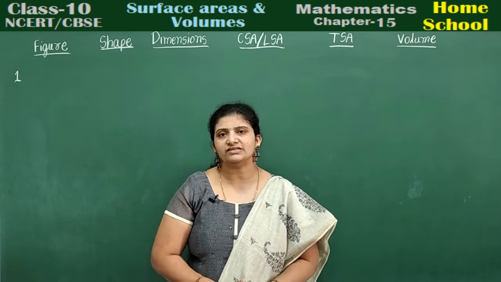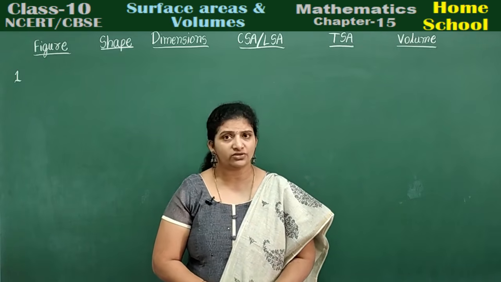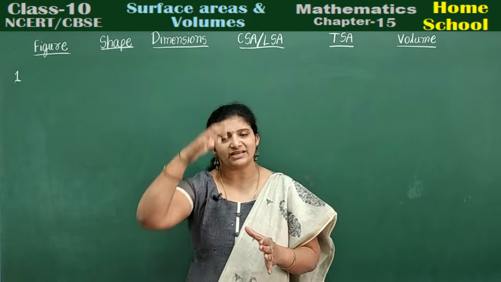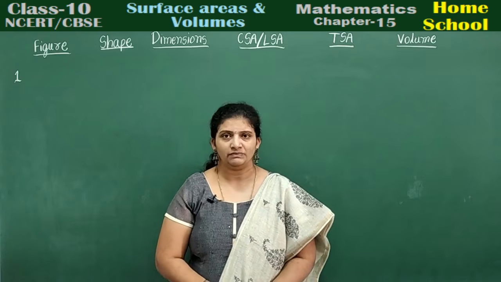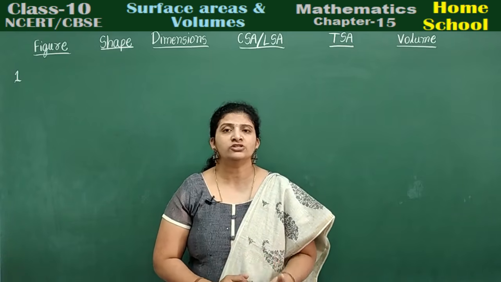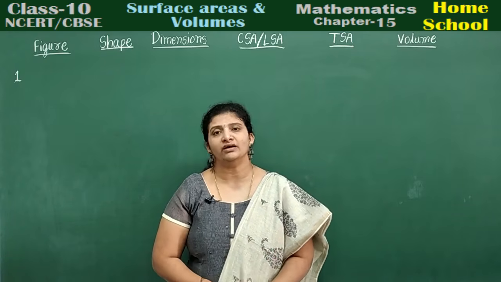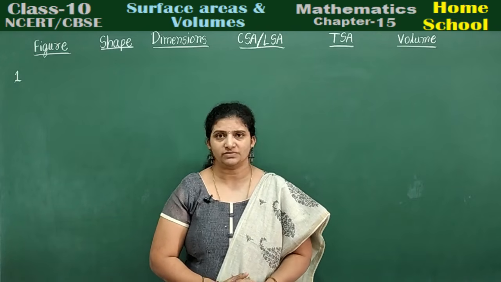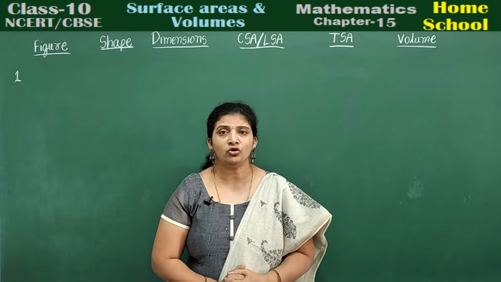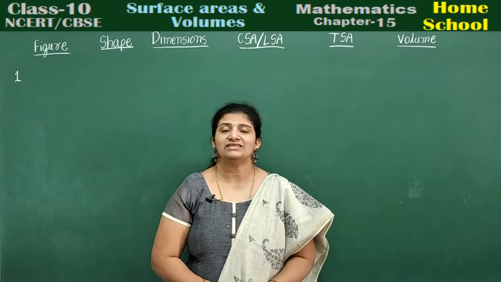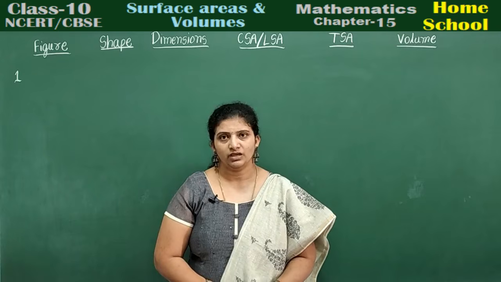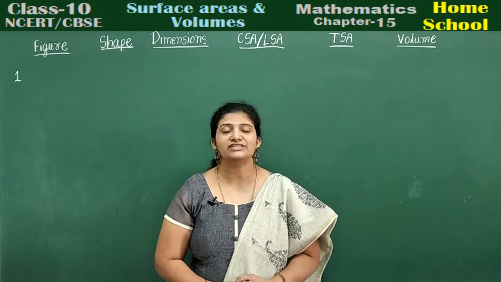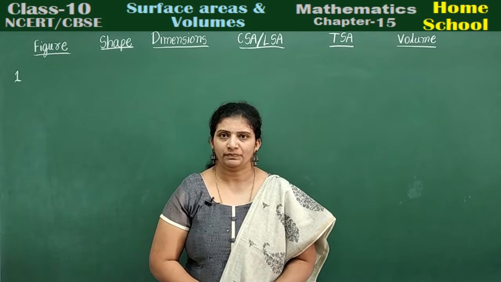Similarly, a circus tent: cylindrical at the bottom and a cone placed on the cylinder. Like this, with two or more solids combined, we are going to find the surface areas, total surface areas or volumes. And we are going to learn one more new solid, the frustum of a cone.